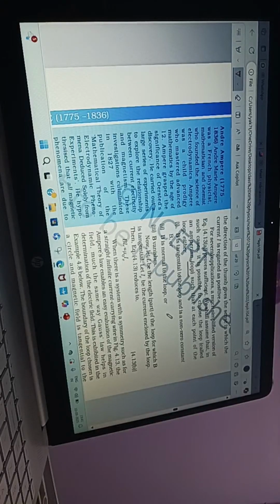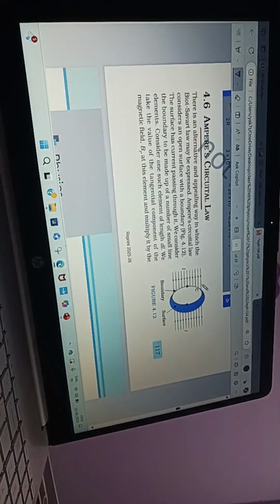Second, B is normal to the loop. In several applications, a much simplified version proves sufficient. We shall assume that in such cases it is possible to choose the loop called the Ampere loop. This is called the Ampere loop.